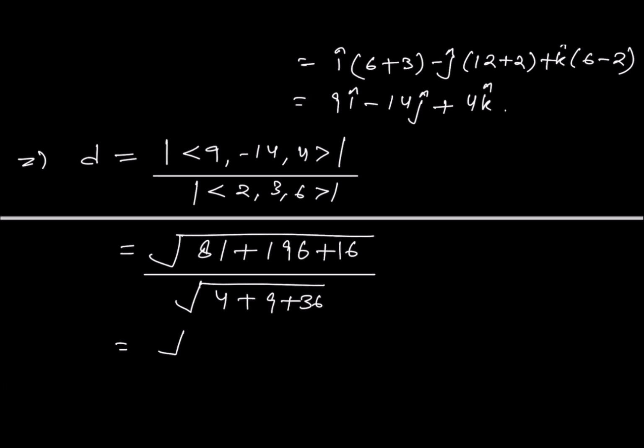So this will become root over 293 upon root over 49, that is 7 units. This is the answer. Okay.